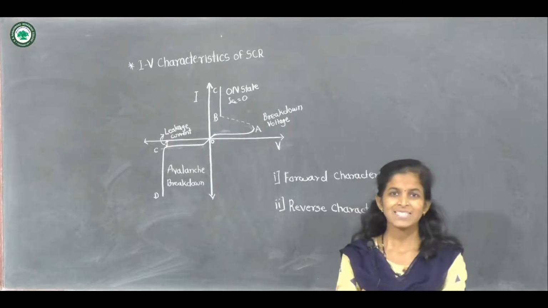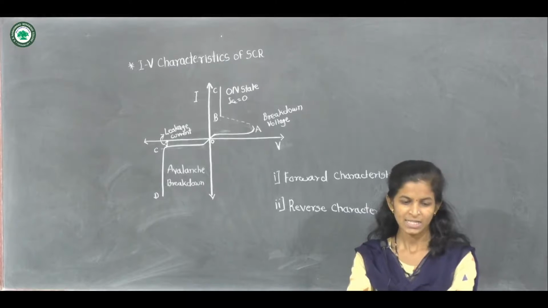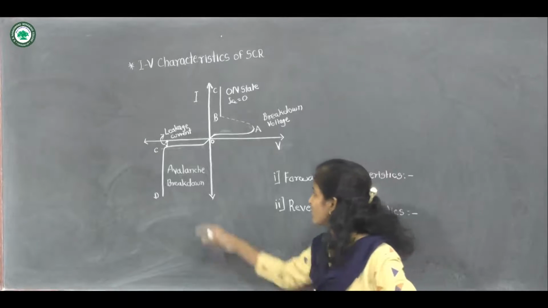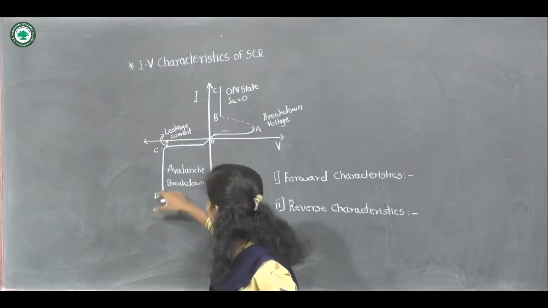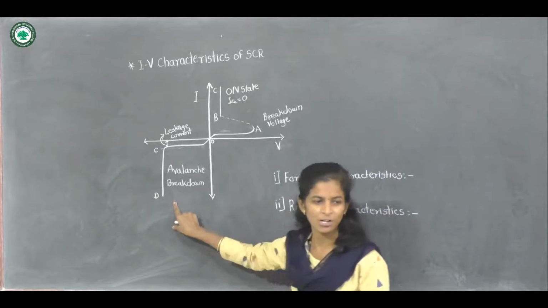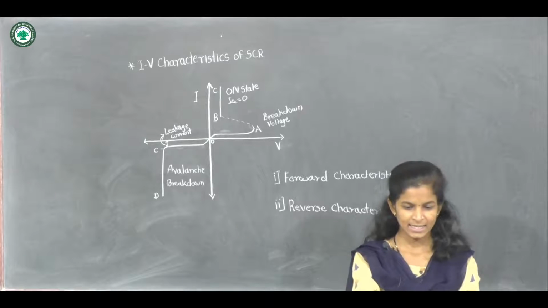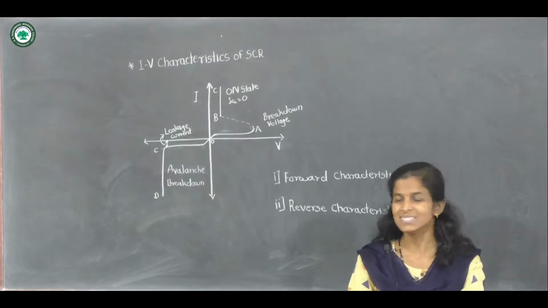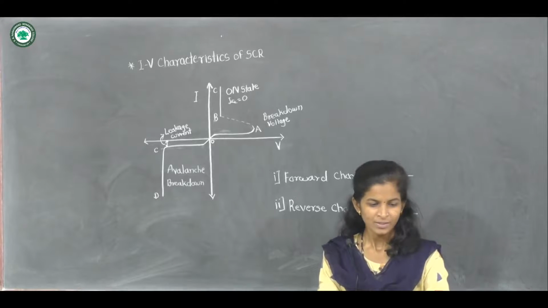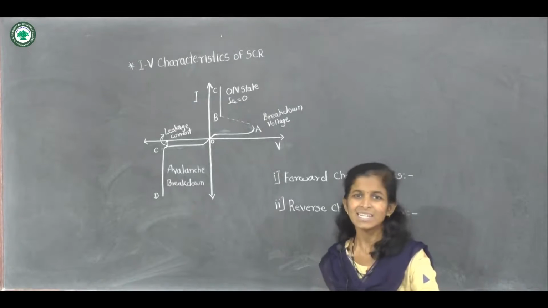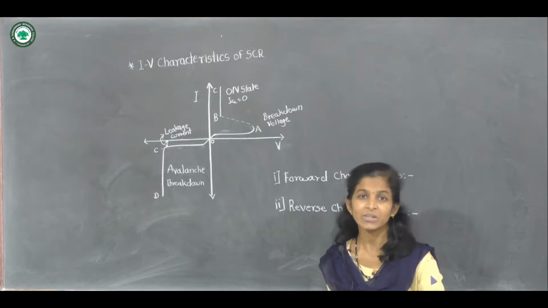And at some reverse voltage, the avalanche breakdown occurs. So this curve CD shows the avalanche breakdown in the SCR, and the SCR starts conducting when avalanche breakdown occurs. It starts conducting heavily in the reverse direction.